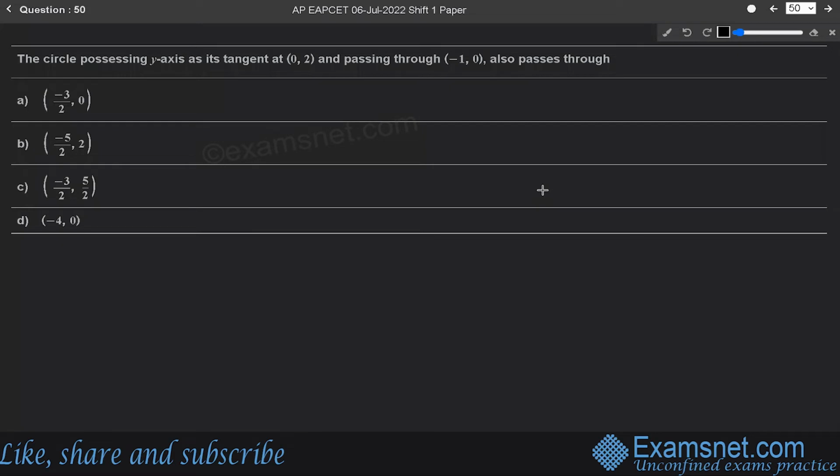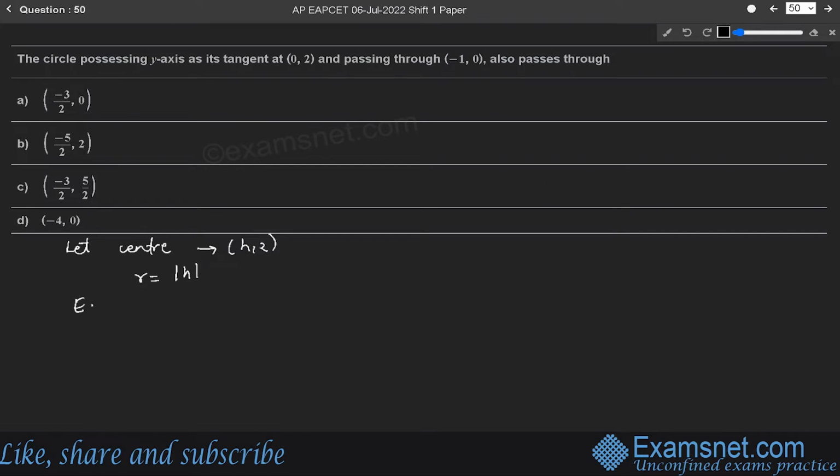Next question: the circle possessing the y-axis as its tangent at (0, 2) and passing through (minus 1, 0) also passes through. So here let the center of the circle be (h, 2), then the radius will be mod of h.